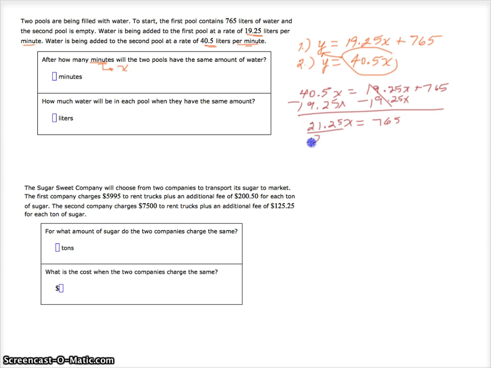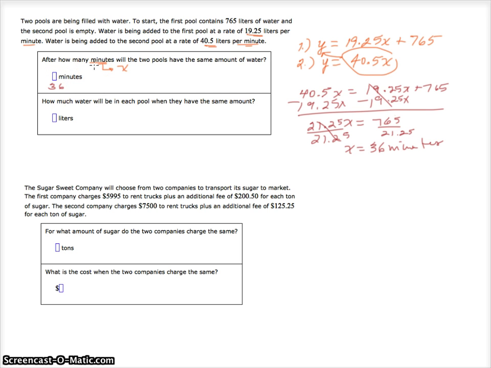So I'm going to divide both sides by 21.25. So now I have 765 divided by 21.25, and that equals 36 minutes. So after 36 minutes, there'll be the same amount of water.